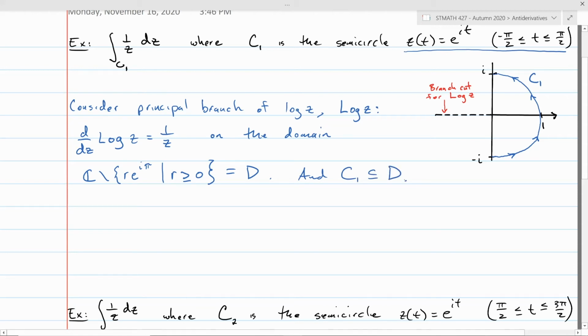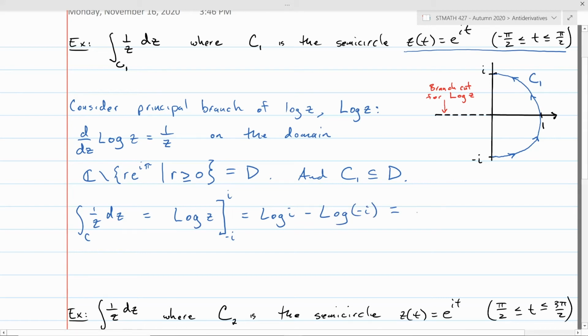Since our integrand has an antiderivative of the principal log on this domain, and our curve is contained in that domain, by our previous theorem the integral over C1 of 1 over z dz will equal the antiderivative evaluated on the endpoints of the curve. You put the initial point at the bottom, negative i, and then positive i at the top. So that will be log i minus log negative i, using principal values here.